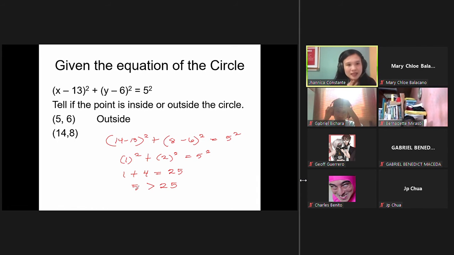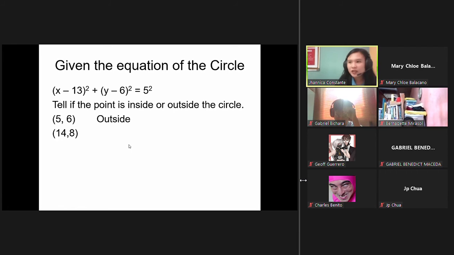Since it's less than, or the statement is less than, that means the given point, which is 14 and 8, is inside of the circle. Okay? So that's how we can identify if the given point is outside or inside of the circle.